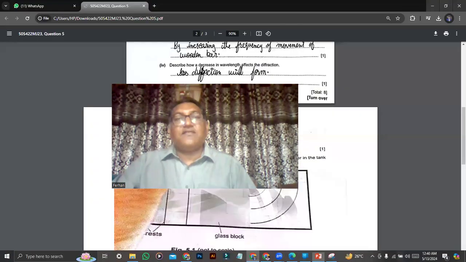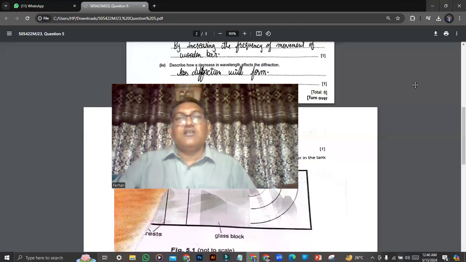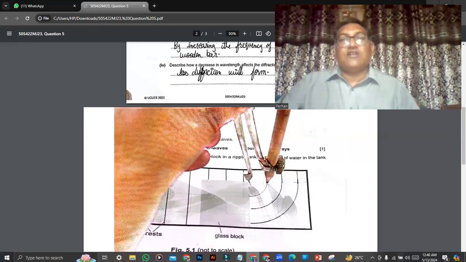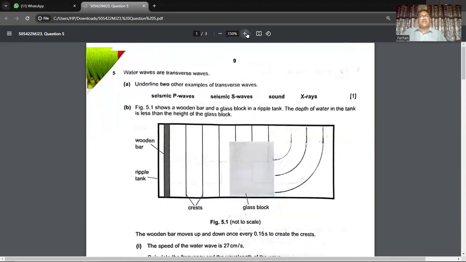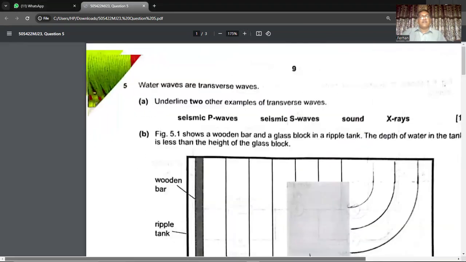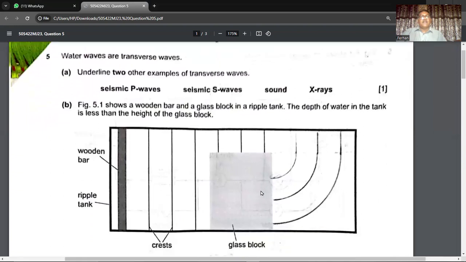So you will have this question. Let me show you. So here we have that question. It says question number 5 of that paper. Water waves are transverse waves. Underline 2 other examples of transverse waves. Remember, this is very simple, straightforward.